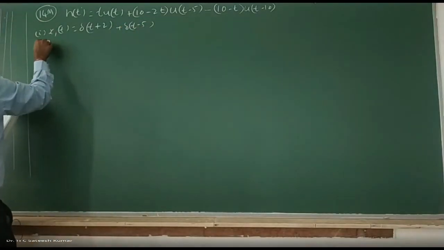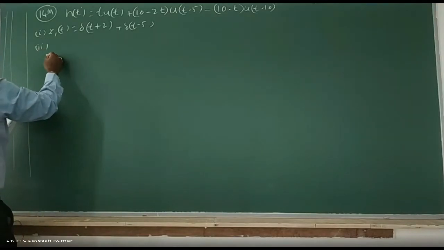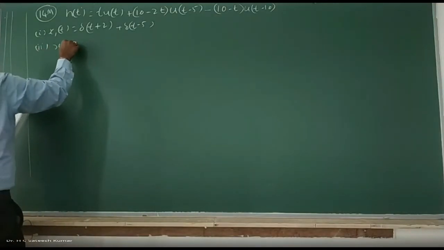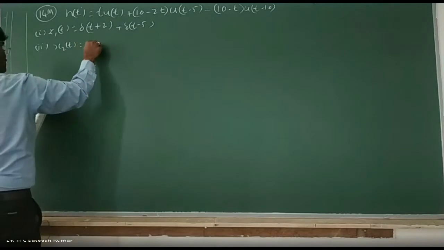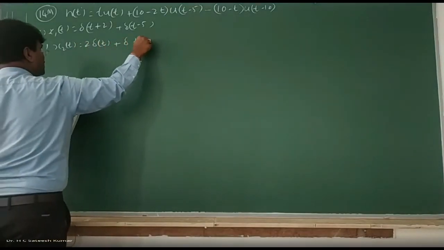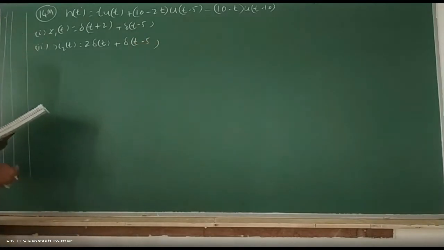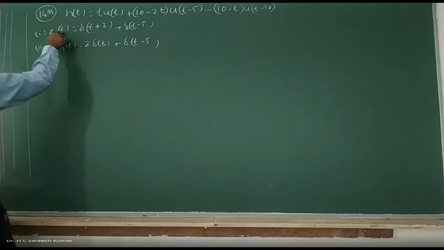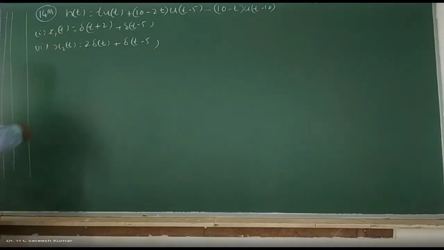The second one, x2 of t is 2 delta of t plus delta of t minus 5. So for each of the inputs, what is the output?